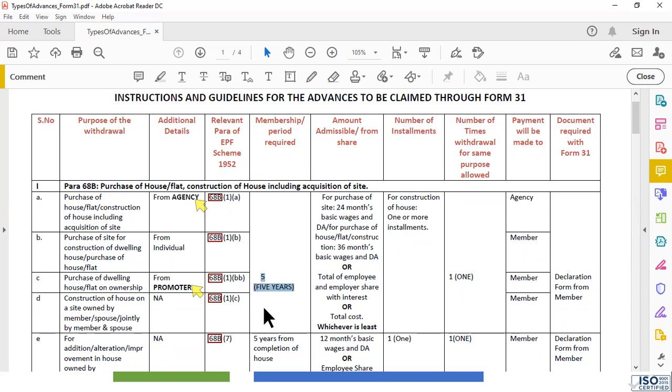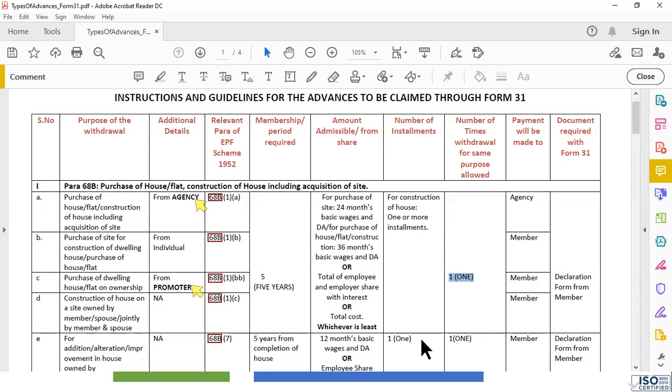You must have worked and contributions must have gone for 5 years. And you can apply for this advance under this head only once in your lifetime. Sir, does all this come under taxable income? PF, no, there is a limit. If the PF amount is not that big, it is not taxable.